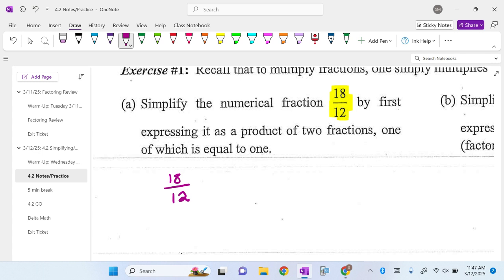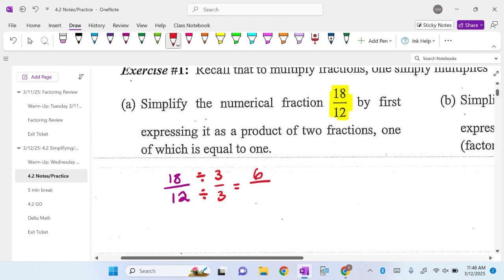All right. So, what number could you absolutely divide both by? It doesn't have to necessarily be the GCF. So, let's go with 3. We're going to divide the top and the bottom by 3. So, 18 divided by 3 is what? 6. What's 12 divided by 3? 4.